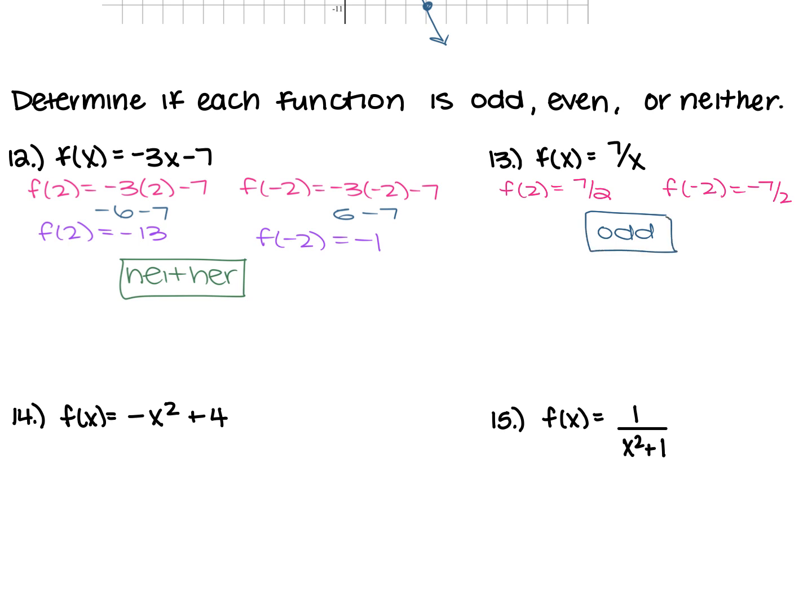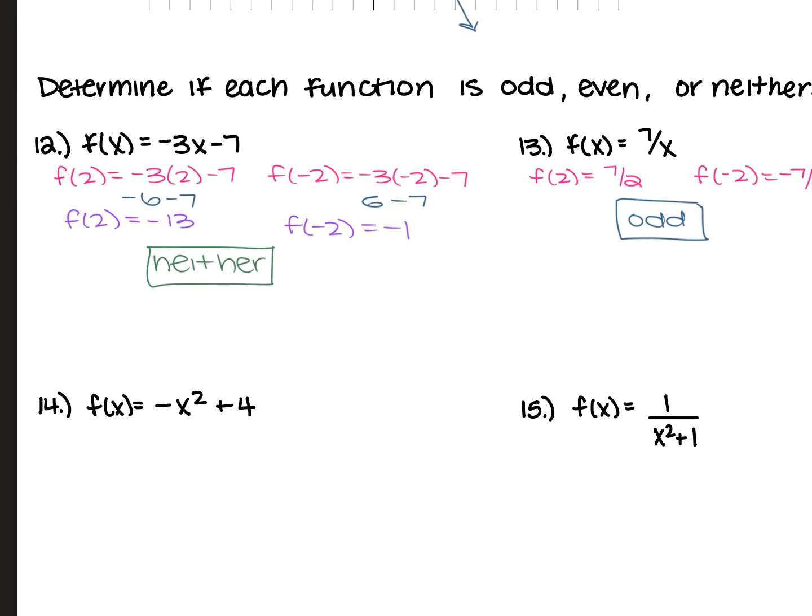For number 14, you're given f of x is equal to negative x squared plus 4. So we're first going to find f of 2. That's going to be the opposite of 2 squared plus 4. That means that we have the opposite of 4 plus 4, which is negative 4 plus 4, which gives us 0. So f of 2 is equal to 0.